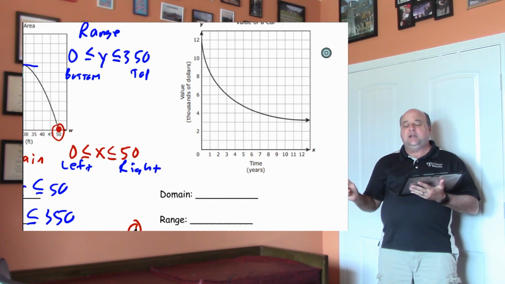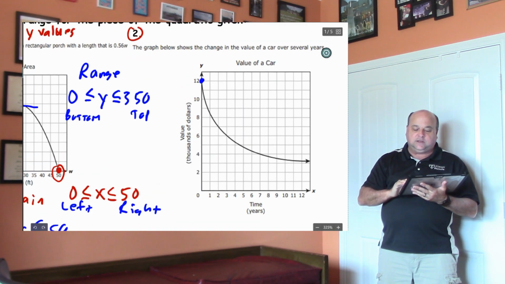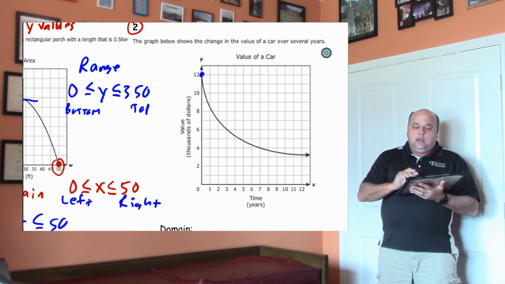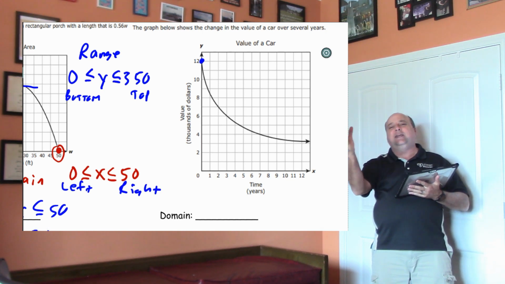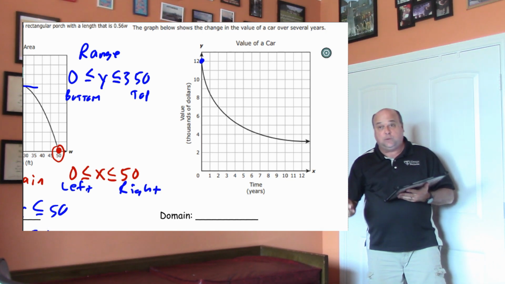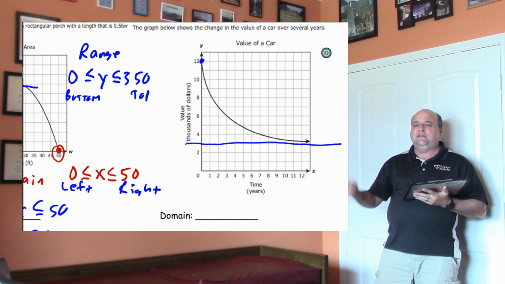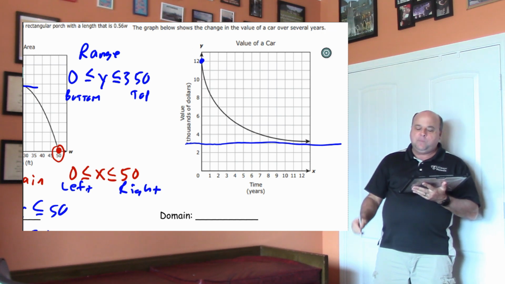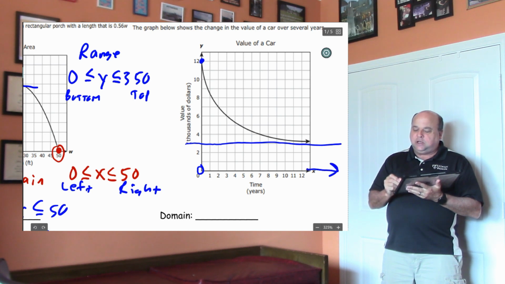Okay, on the next one, there's an arrow tip. So let's say this car starts off at $12,000. That's where the car starts off, and then it's going to crater down. This really isn't a quadratic function, it's exponential. But the lowest the price of the car is going to get is right here. So let's say that's the lowest it goes. But the domain starts here, and then it keeps going to the right.